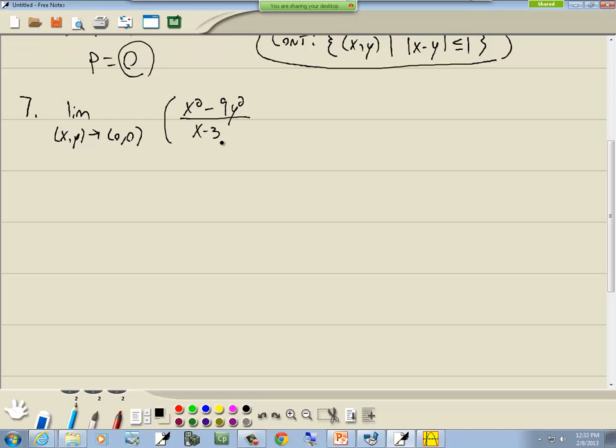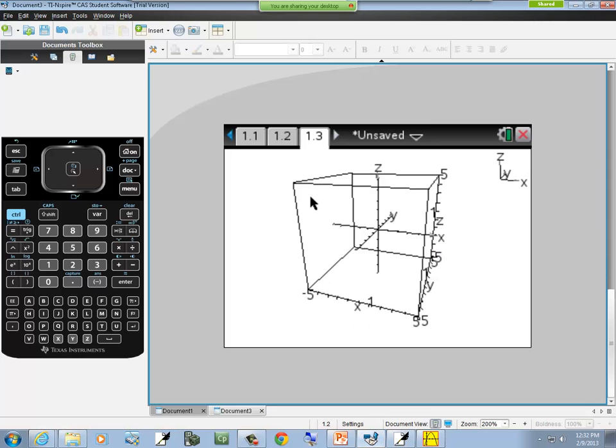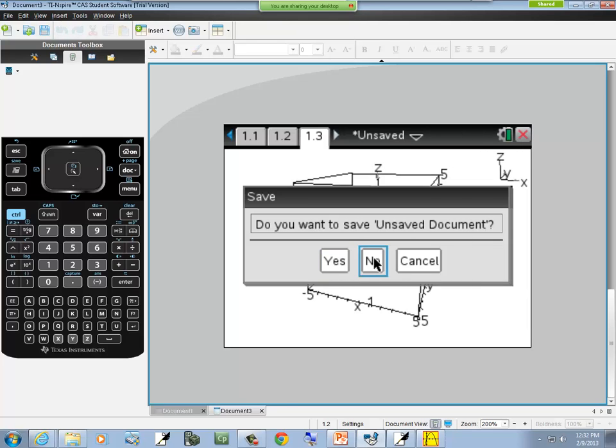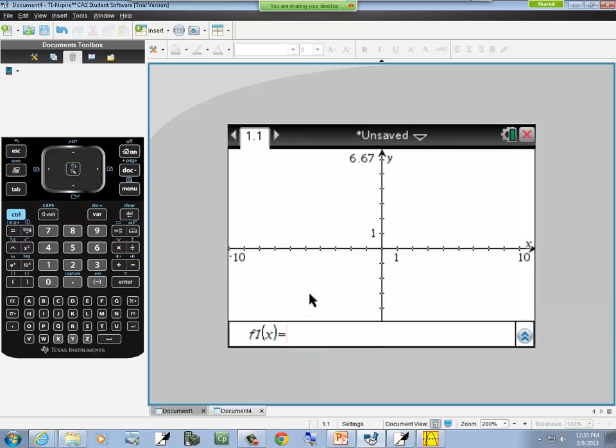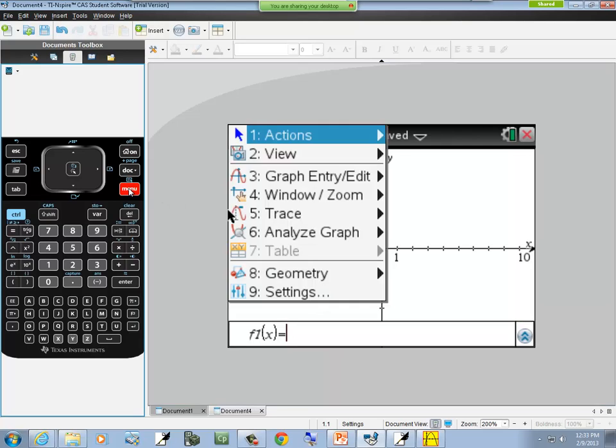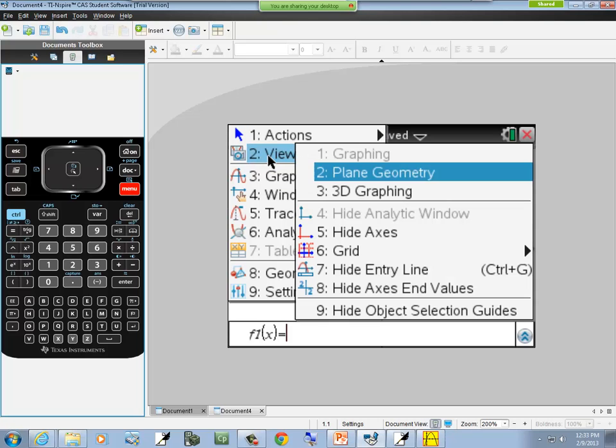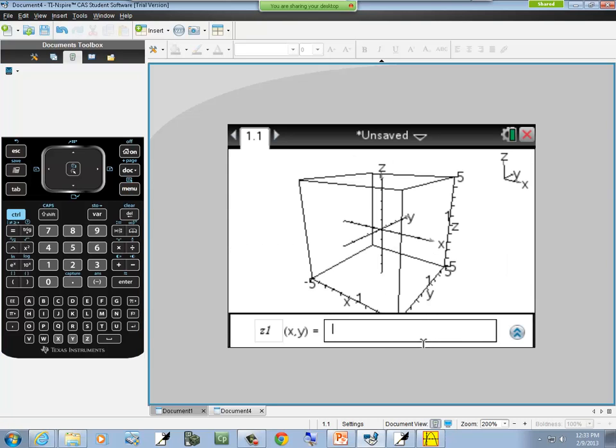Well, first off, let's graph these on our different packages and see how they fare. I'm going to click the X to close that. No, I don't want to save that. I'm going to choose the new graph there. And when it comes up, I'll press Menu, choose View, 3D Graphing. And this one, I'll put parentheses on top.